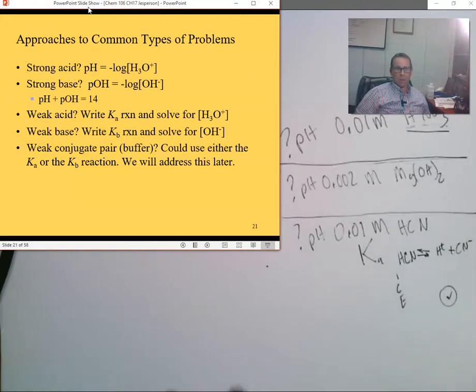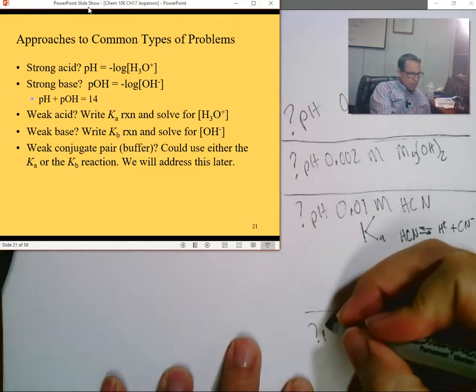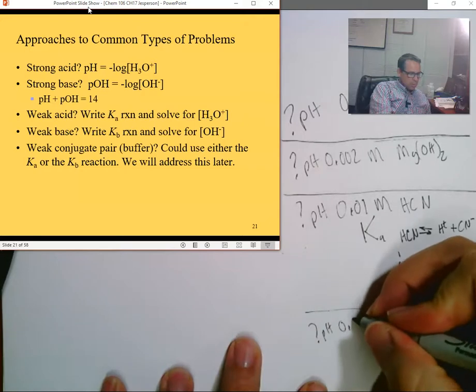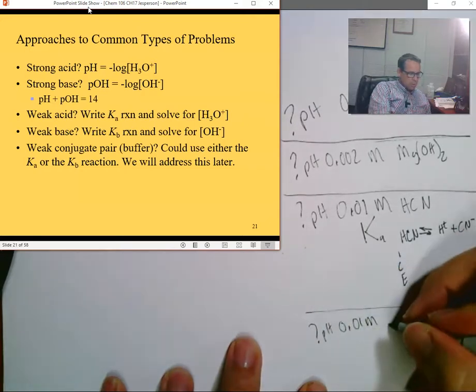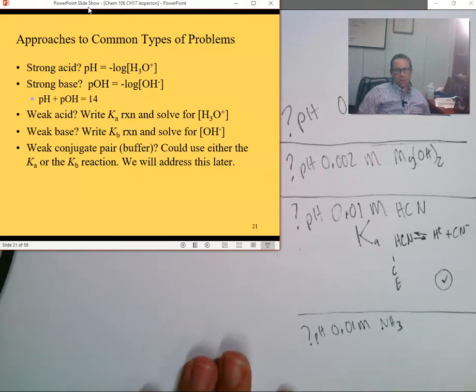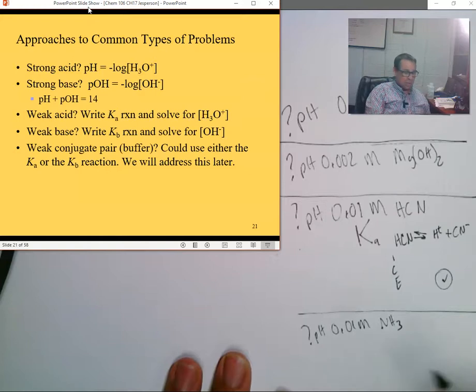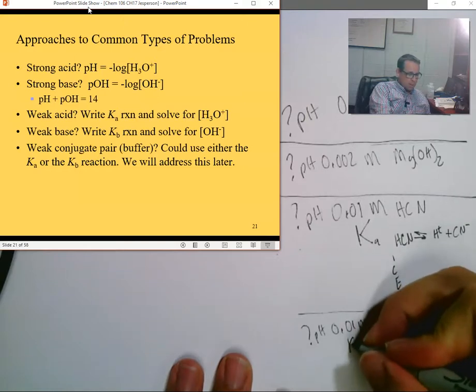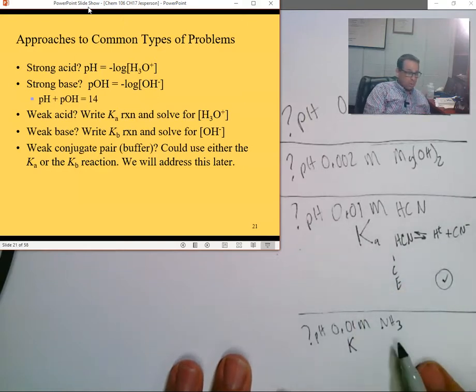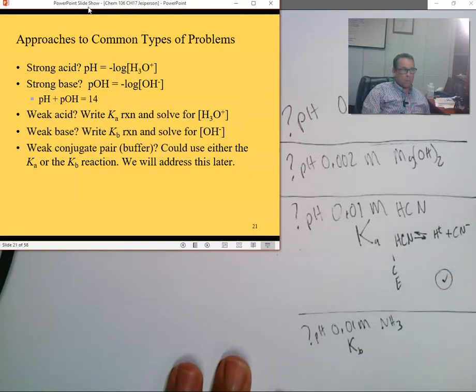All right. We also have a very similar way. What's the pH of a 0.01 molar solution of ammonia, for example? Ammonia is a base, and we'll generally have a clue about whether that's an acid or a base because a K will be provided.